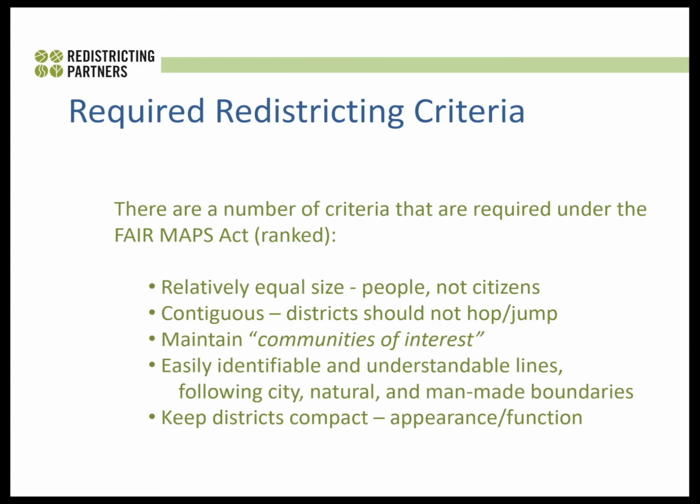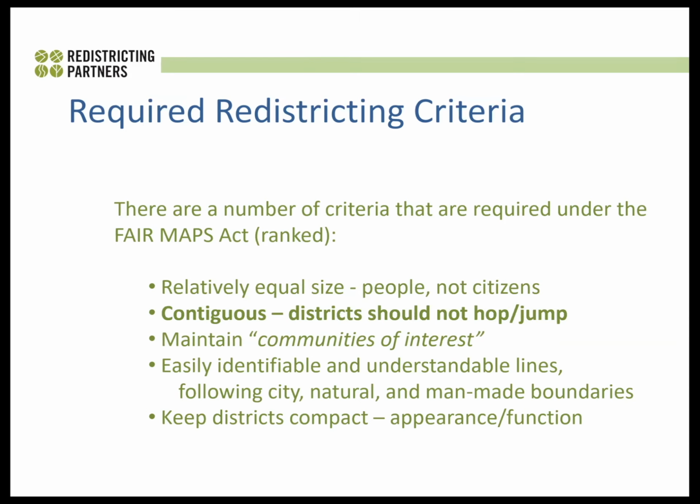So first and foremost, each district has to be relatively equal in size, and we're looking at the US Census population to determine whether it's equal in size. So we're not just looking at voters, we're not just looking at citizens, we are looking at the population at large. And then we also have to make sure that the districts are contiguous.